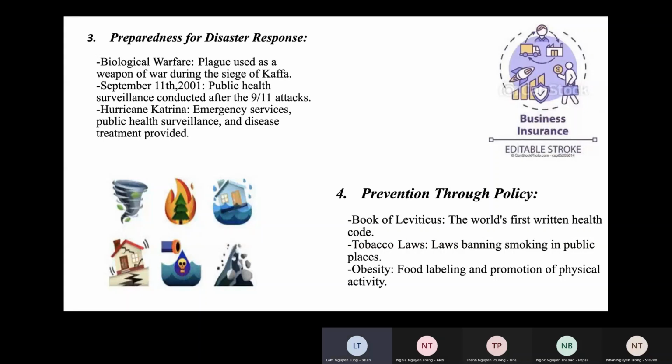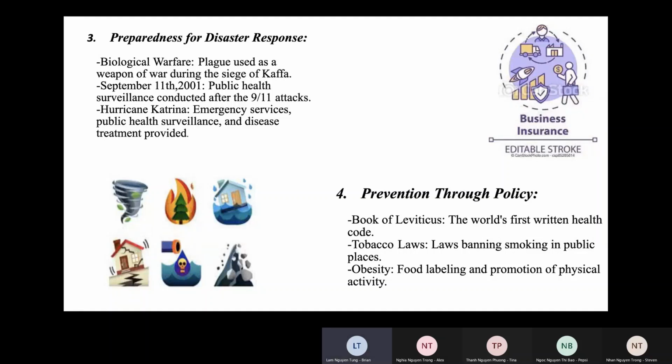The last thing is about health policy as a means of prevention. They implement a range of policies across areas of public health to support efforts at the societal level.